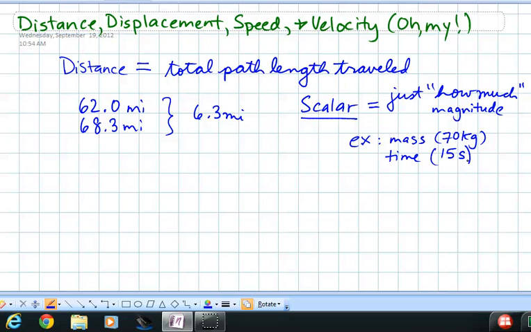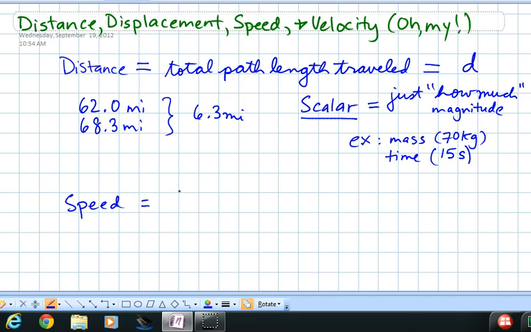Alright, so distance is usually written with a d. And usually we're talking about distance as from one place to another, the total amount of path we've traveled. Now we're going to contrast that with displacement in a moment, but before we get to that, let's quickly talk about speed.